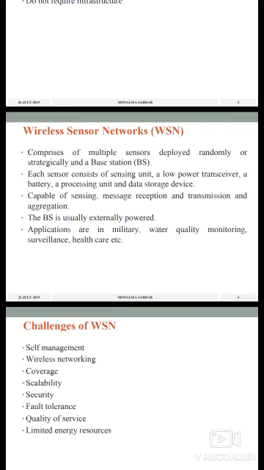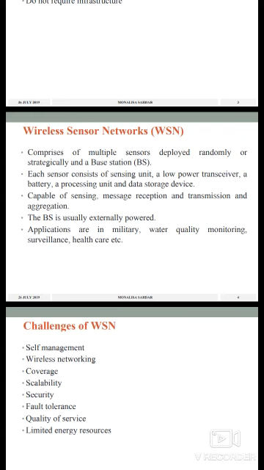And sometimes these sensors are really small, like sometimes they can be the size of dust. This makes a wireless sensor network a very desirable kind of network to be used where people cannot reach, or where the places are inaccessible, or maybe in a war situation.